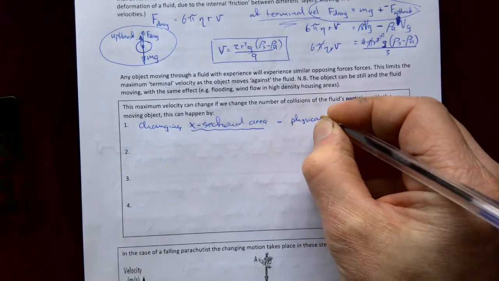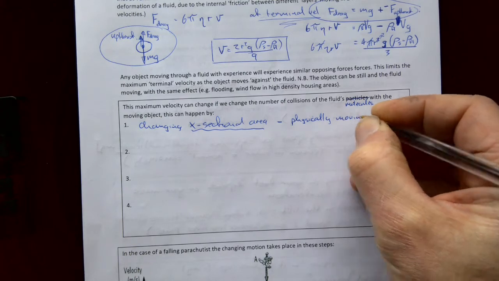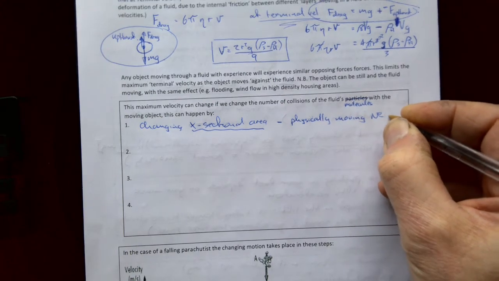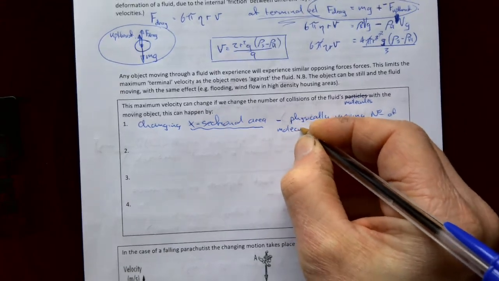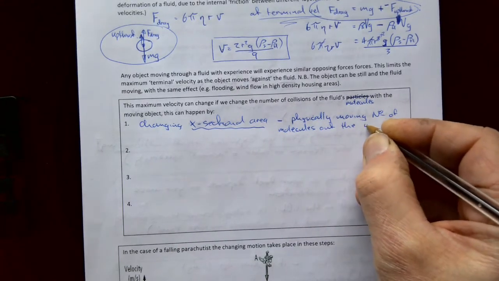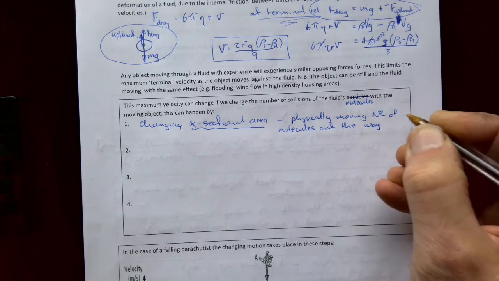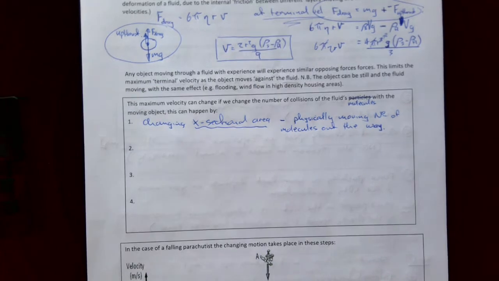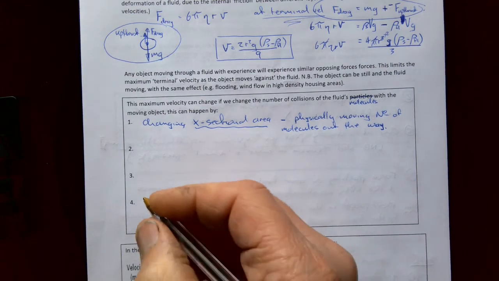It's nothing clever. Physically moving a number of molecules out of the way. So if you are bigger, you have to move more air to get through the air. More obvious in water because of one of the other factors. We'll come back to that one.